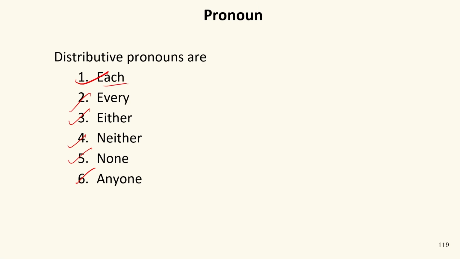Now, each and every focus on each member of that particular group individually. Basically, we always use a singular noun and a singular verb with both of these words, each and every.